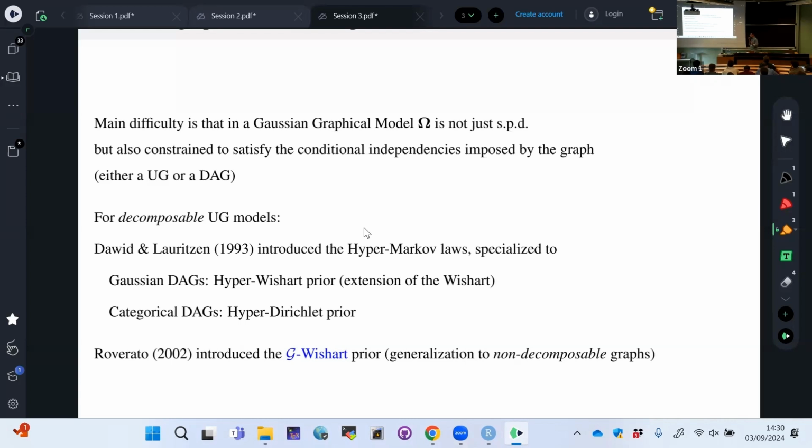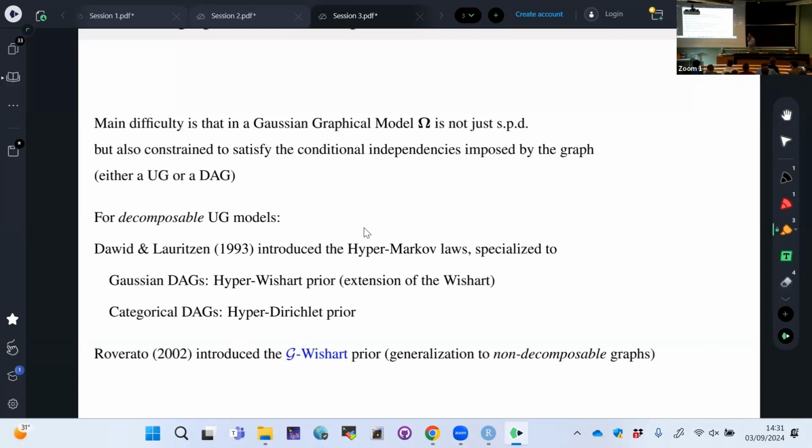Dirichlet, because a conjugate prior for the parameter of a categorical model is the Dirichlet distribution. Here you have a hyper Dirichlet because you have something more general, more complex, but still based on Dirichlet type priors, because the parameters are probabilities to which you can assume Dirichlet type priors.